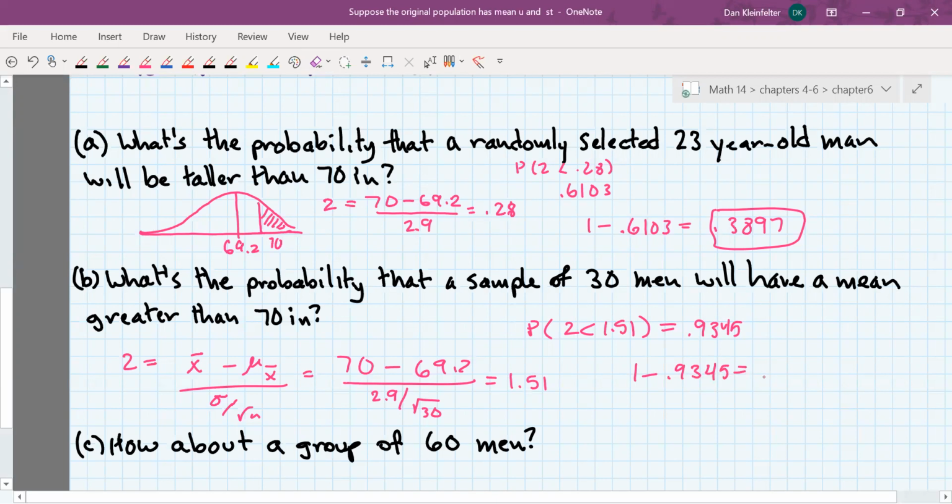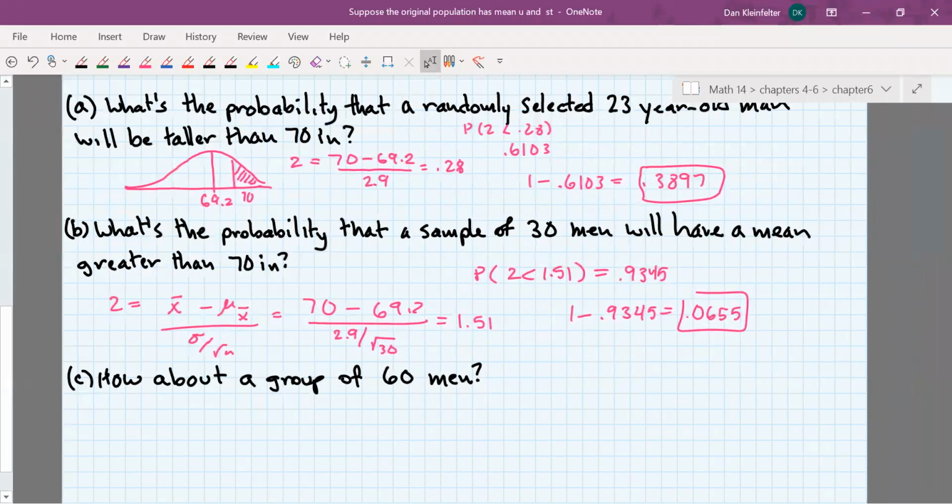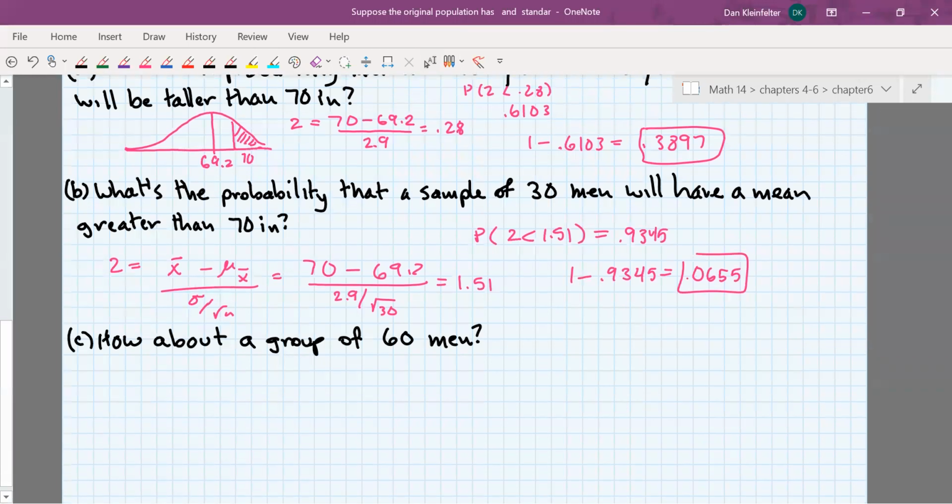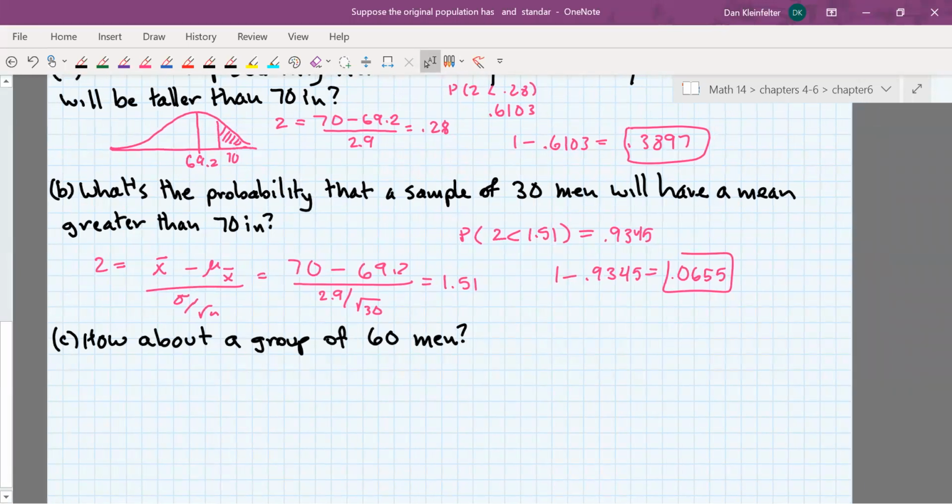So we end up with 0.0655. If you think about it, this should make sense. We're told that the mean is 69.2 inches, a measure of the typical height. We saw the probability of an individual having a height more than 70 inches is about 39%. If we're asking a group of 30 men to have a mean that far from the average, it should be less likely to happen than having an individual deviate from the mean by a certain amount.